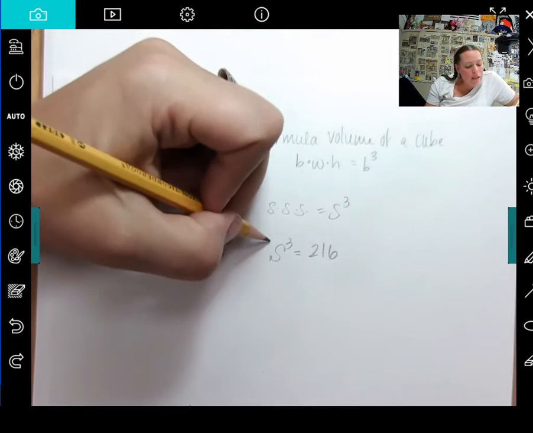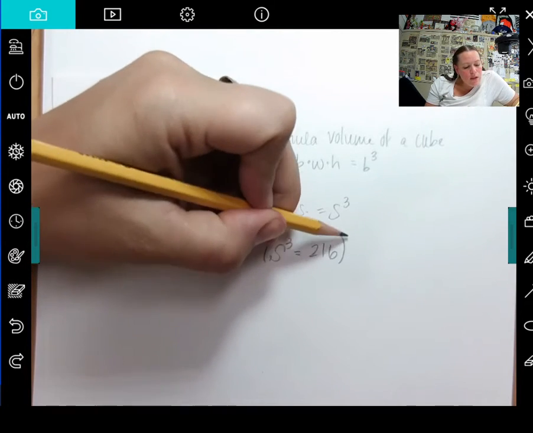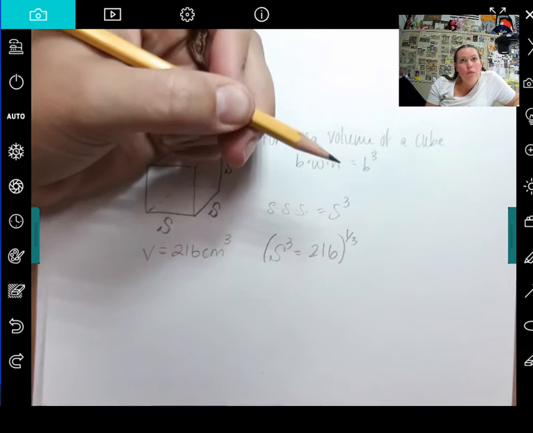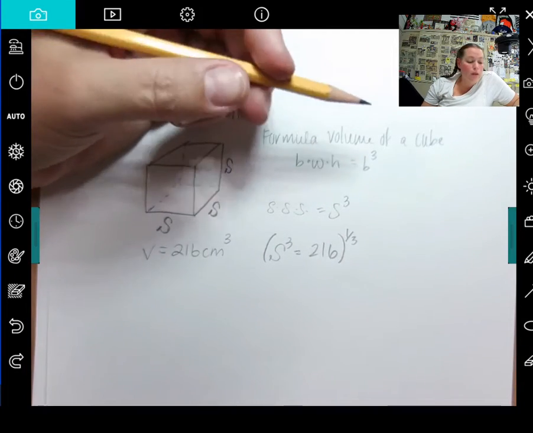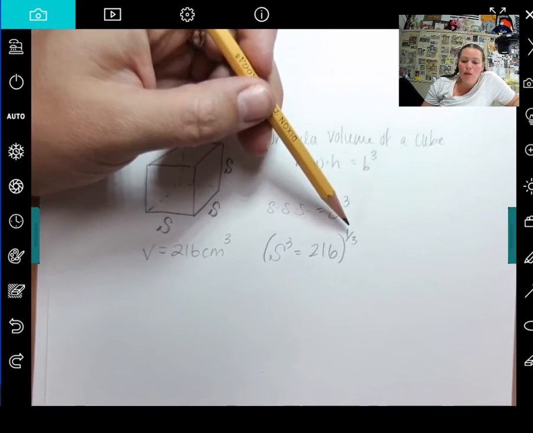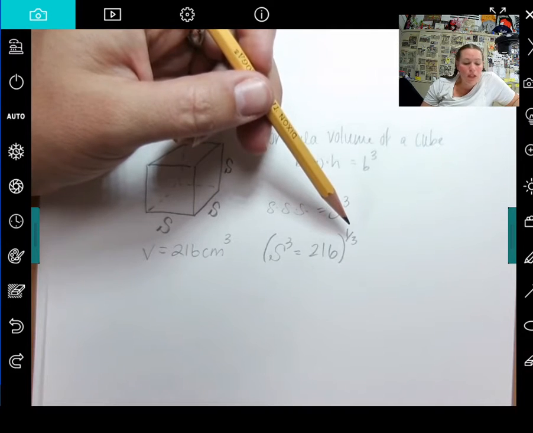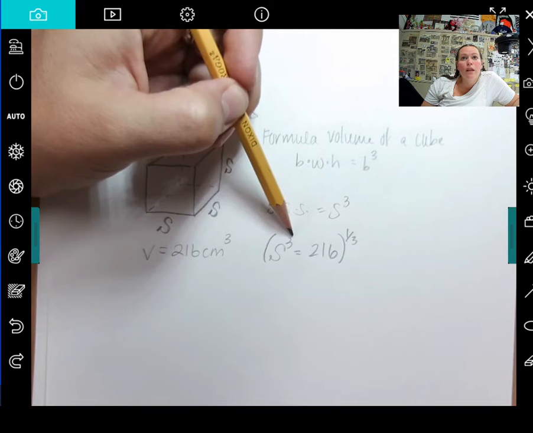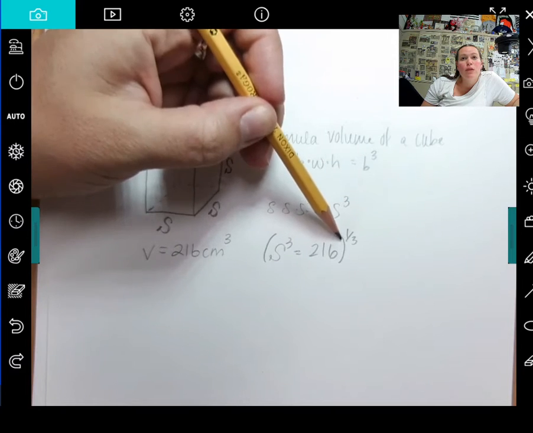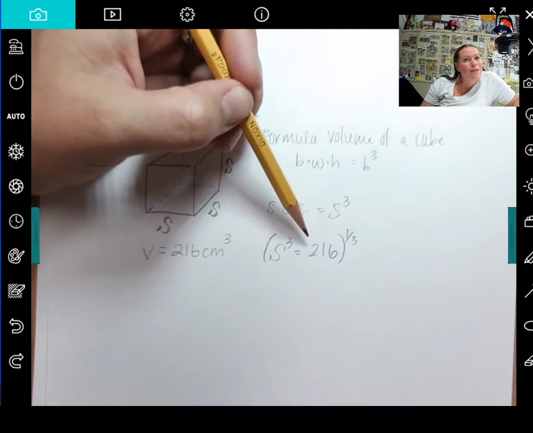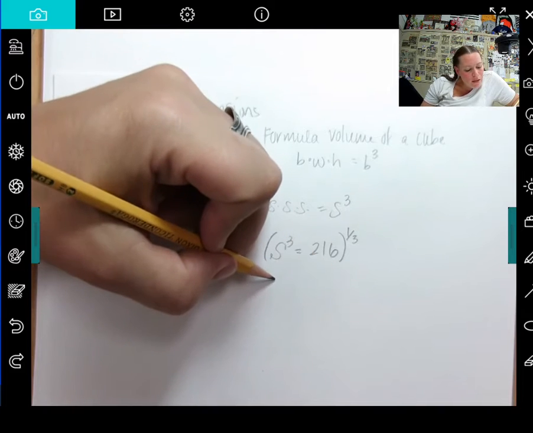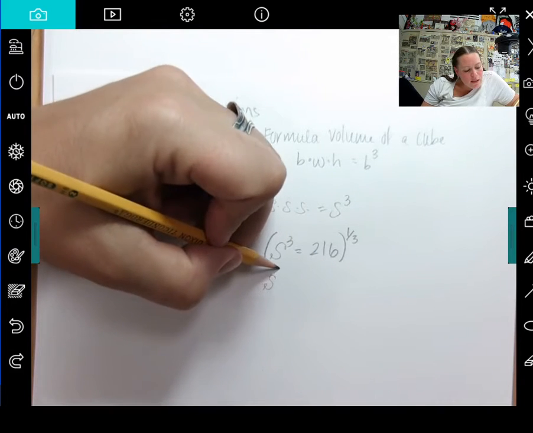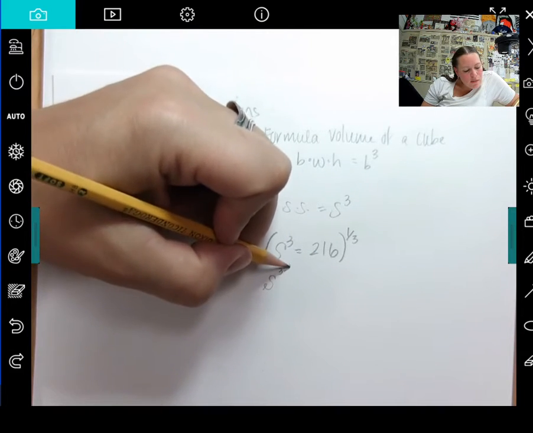And now from here, I want to take the 1/3 root of the whole equation. So taking the 1/3 root of the whole equation is going to turn this cubed into a 1. So 3 times 1/3 gives us a 1, and that's what we wanted to do. I'll write that out.